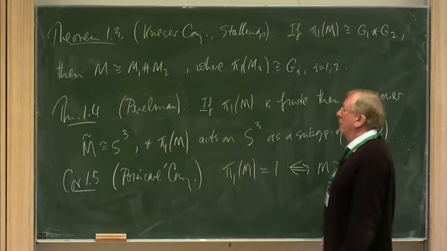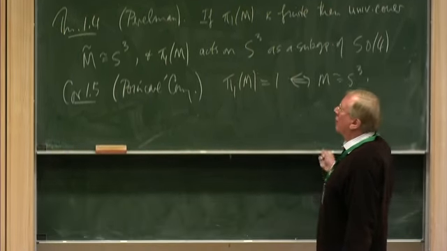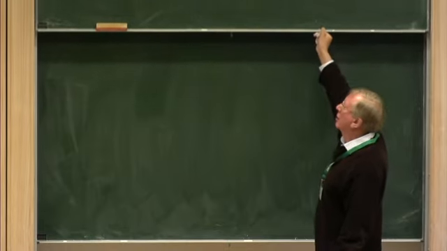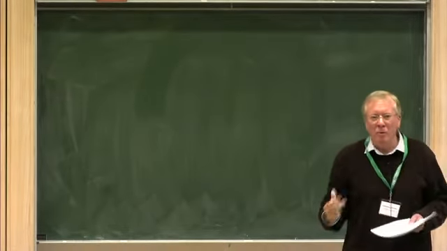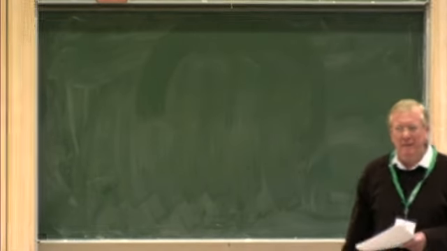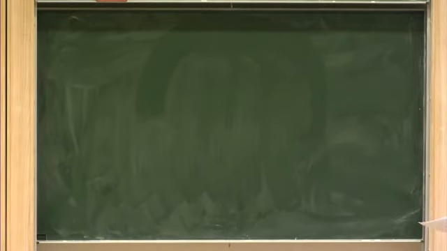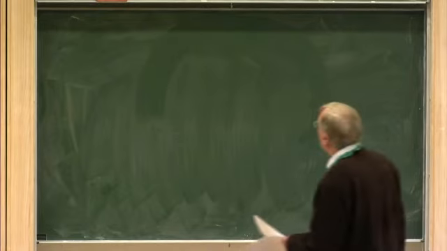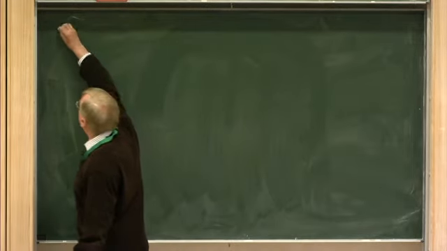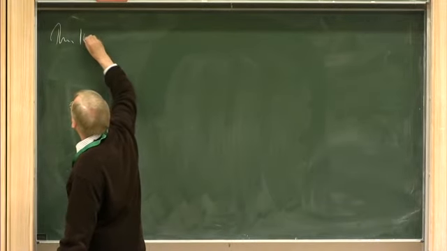That's the trivial part. And so psychologically, it's hard for me to get used to. We're allowed to assume the Poincaré conjecture nowadays. You see, it's been proved, so we can use it. And so if we assume that, then again we get a nice characterization, if you like.